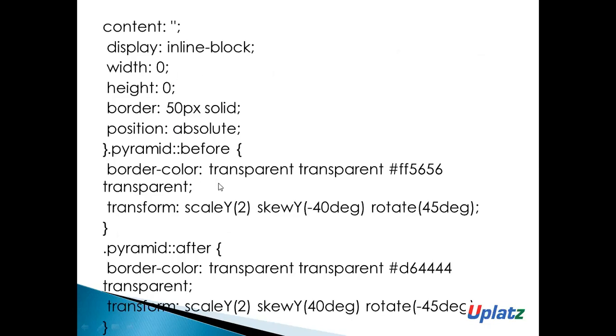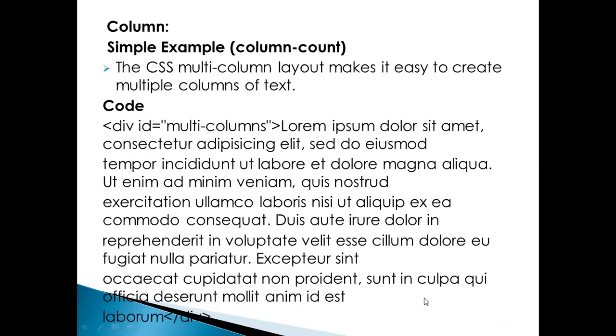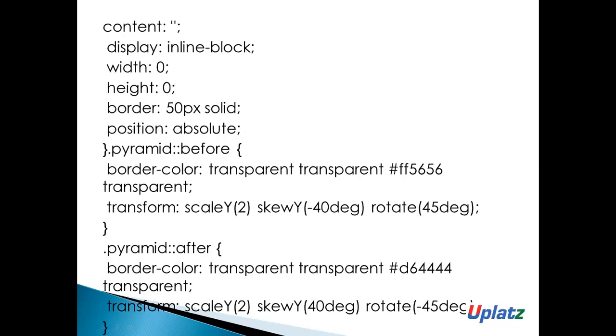For before, I have set the border color to transparent, transform scale Y, skew Y, and rotate, everything I have used, position absolute. For the after pseudo element, I'm giving the border color as transparent, transform scale Y 2, skew Y 40 degrees, and rotate 45 degrees. So everything I have given.